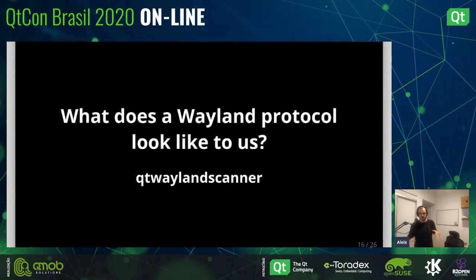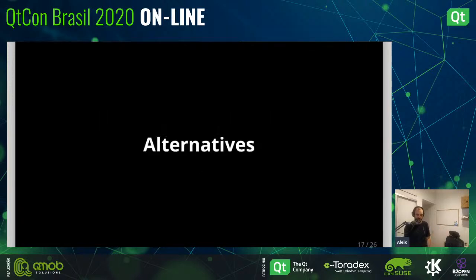Now you have an XML file that needs implementation. How do we turn that into our application? What we're using right now is something called wayland-scanner. It's an executable that you give the XML file and it outputs some classes that you can just directly use, and they will implement your protocol.